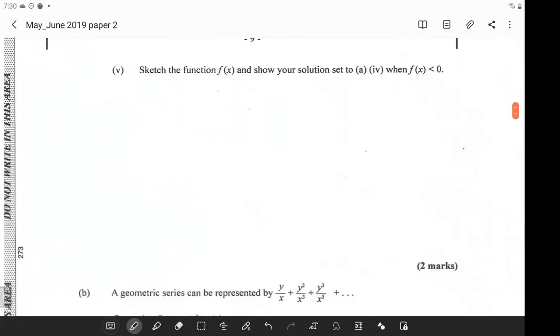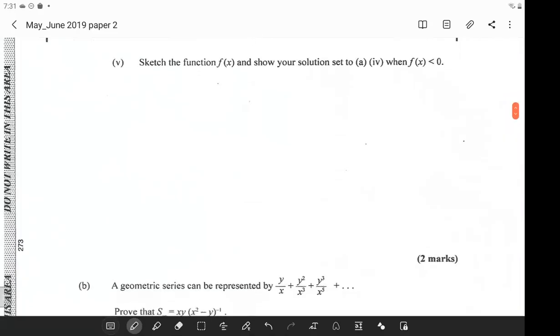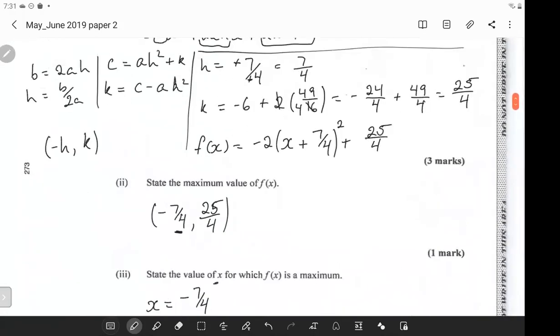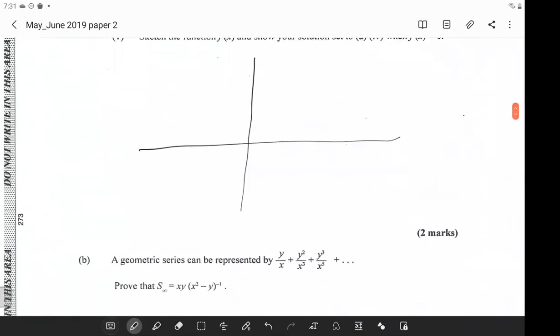Sketch the function f of x to show your solution set when f of x is bigger than 0. If you were to sketch the function, our maximum occurred at x equals negative 7/4. So negative 7/4, that's somewhere here. This is 25/4, and this is negative 7/4.